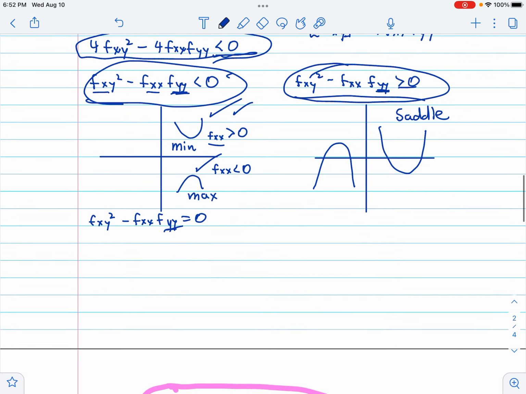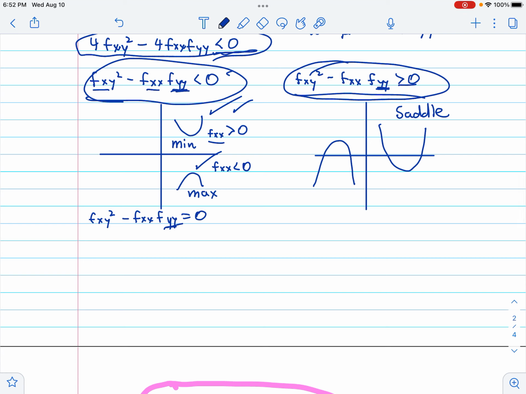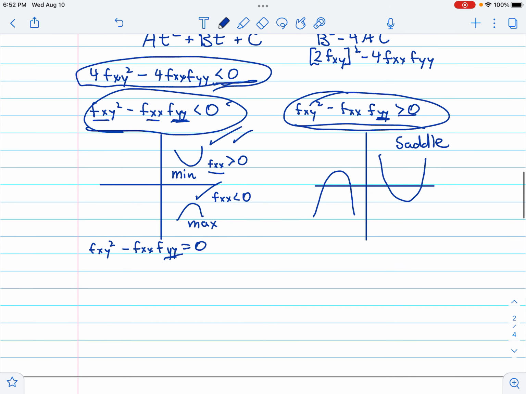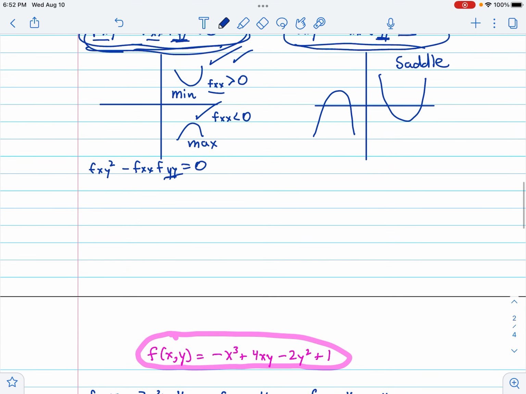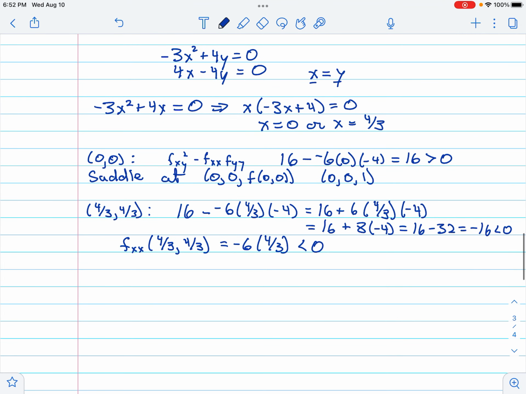If this is less than 0, then it looks like we have a max. So dig what happened: this right here is negative 16, less than 0, and fxx is also less than 0. That tells us that we have a max at this point, (4/3, 4/3, f of 4/3), when we plug that in. And that is the second partials test.